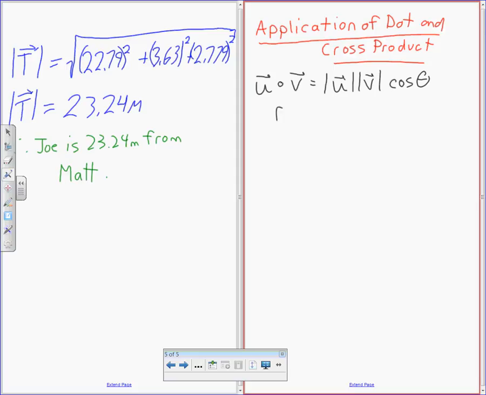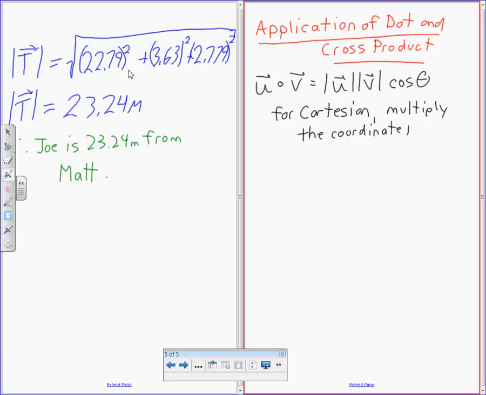So for Cartesian, you're going to multiply the coordinates and then add them up. I'll do an example here to make sure life is good. So x multiplies by x, y multiplies by y, z multiplies by z, and then you sum them up. This is a scalar, a number, not a vector.